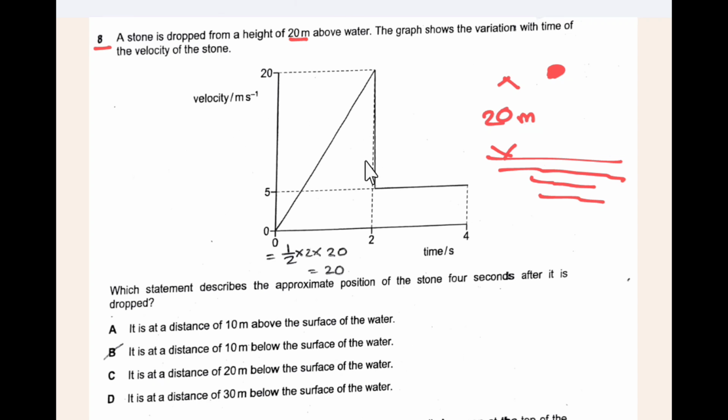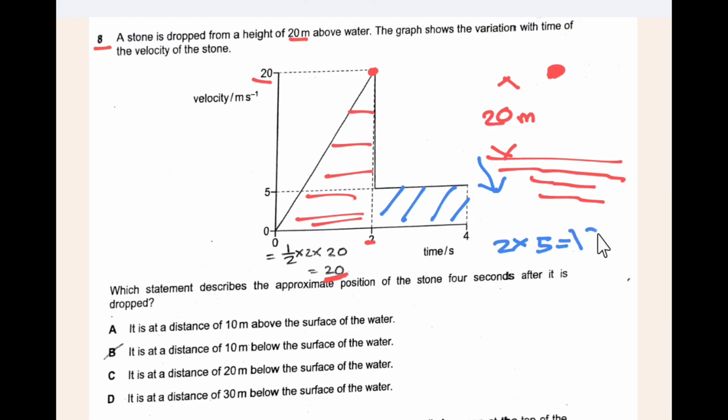And from the area under the velocity time graph, we get the distance. If we calculate this area, it is half base into height, so it comes to be 20 meter. That means at this point it hits the water surface, then after hitting the water surface it must go underwater, and it covers a distance that is the area under this graph, that is 4 minus 2 is 2 and the height is 5, so the area we get is 10 meter.